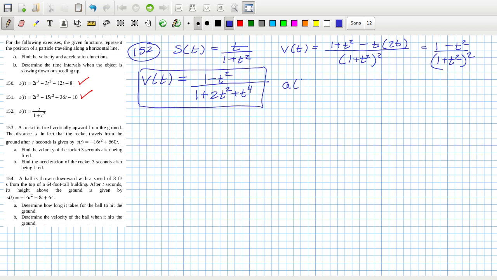And the acceleration would be the bottom squared, and then the bottom times the derivative of the top. So that's minus 2t times 1 plus 2t squared plus t to the 4, minus the top times the derivative of the bottom, 4t plus 4t cubed. It's looking messy.